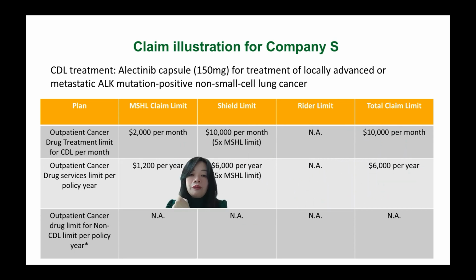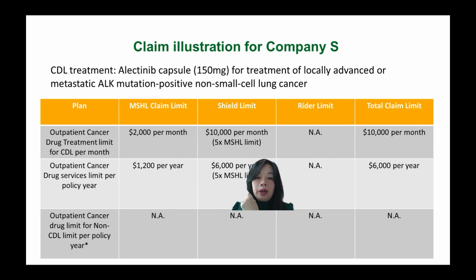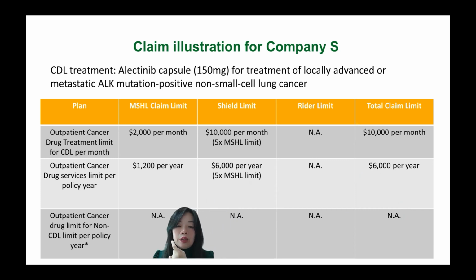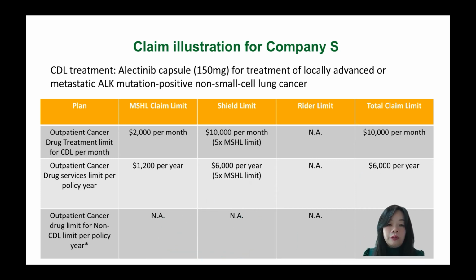Same thing for the outpatient cancer drug services limit per year, it will be $1,200. For the shield, if you have a shield, then it will be 5 times of the MediShield Life limit. So total there will be $6,000 per year. So not applicable for non-cancer drug list.